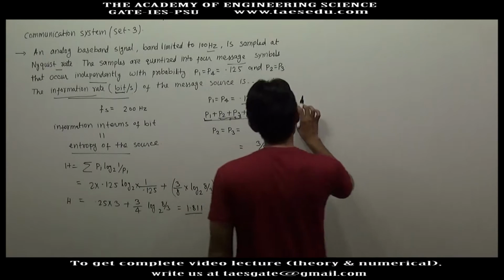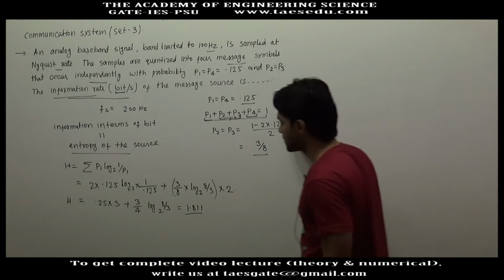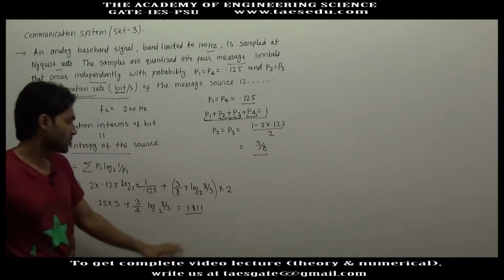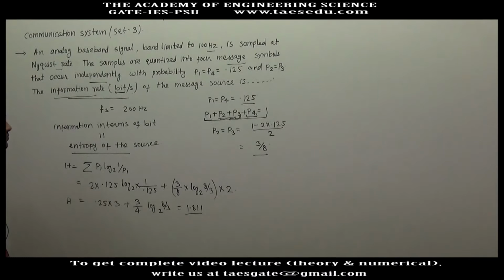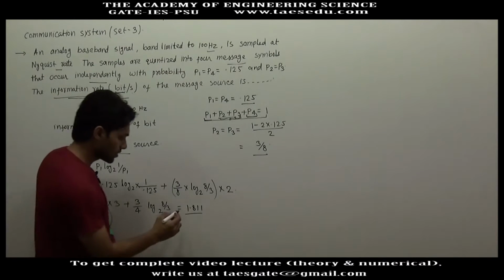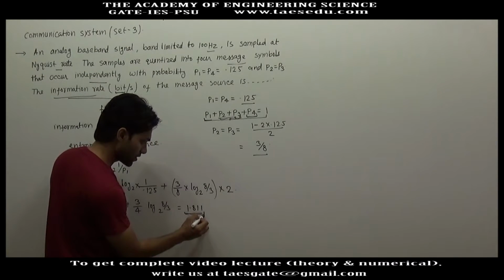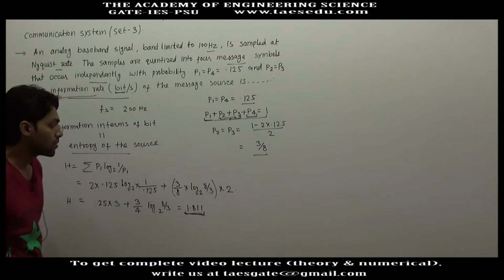Entropy is nothing but the minimum number of bits required, or the average number of bits transmitted per symbol.